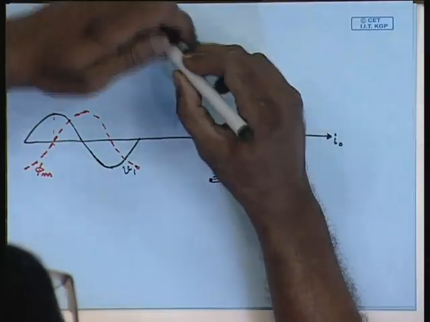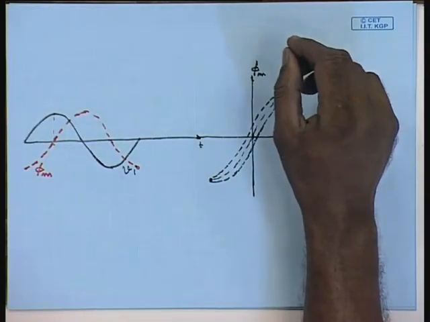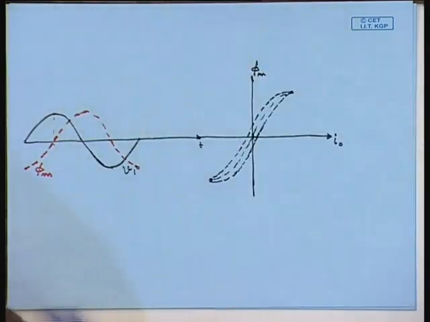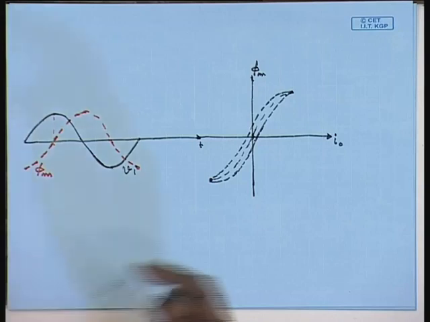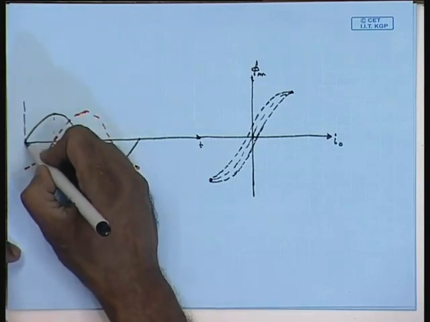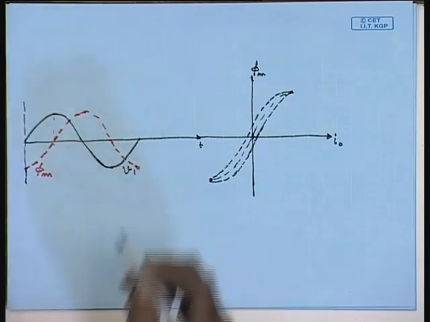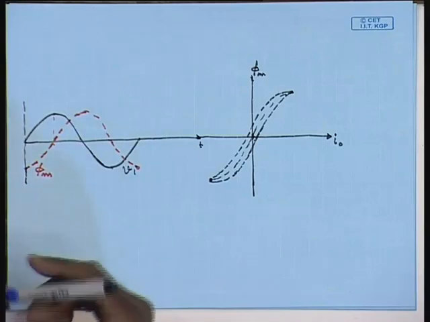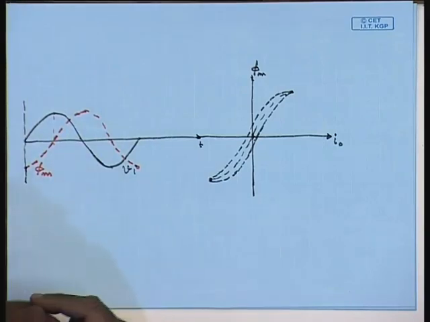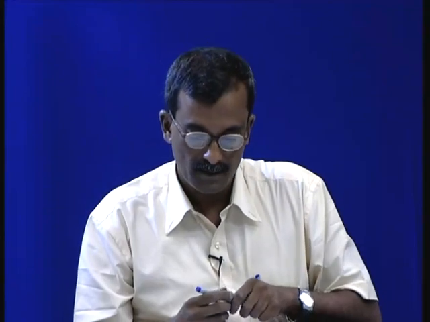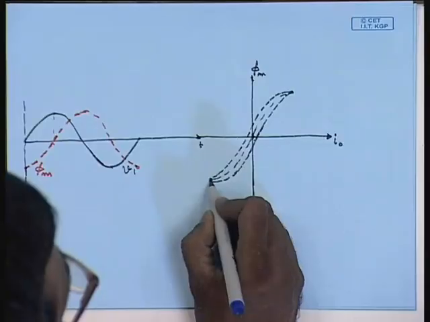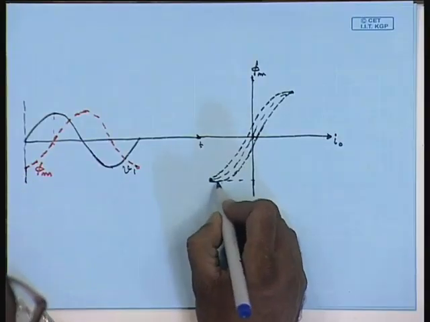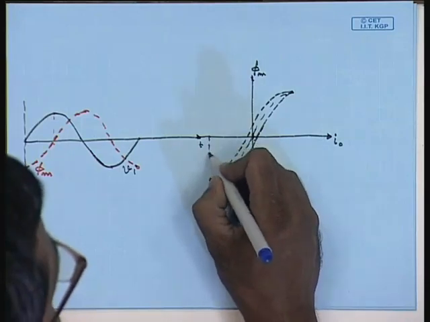So, for the current, let us see that at time t equal to 0, when the applied voltage was 0 and increasing, the flux was at its negative peak. This was the value of the flux, and hence the corresponding current was this.